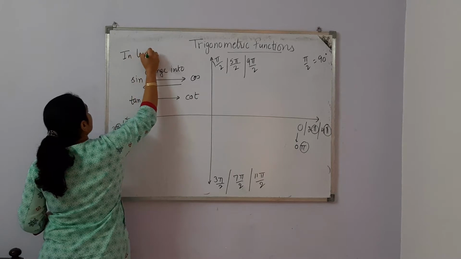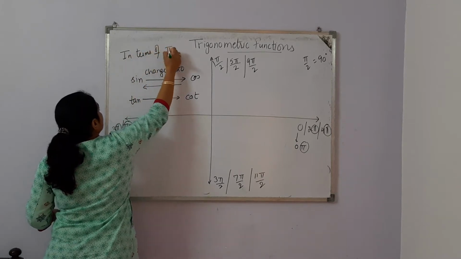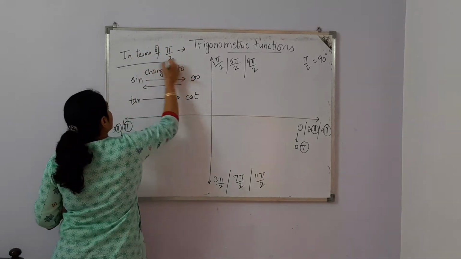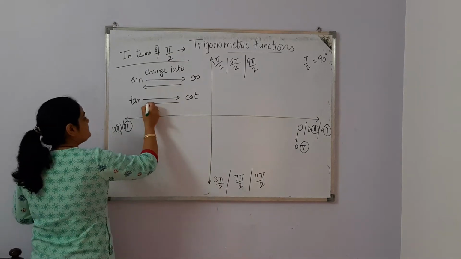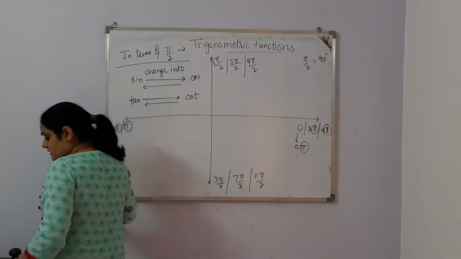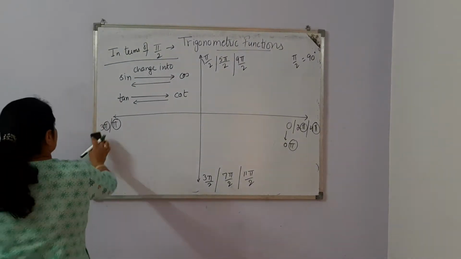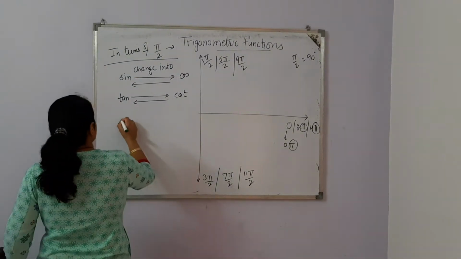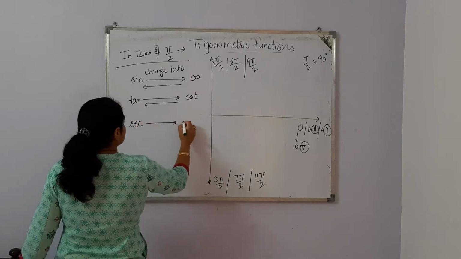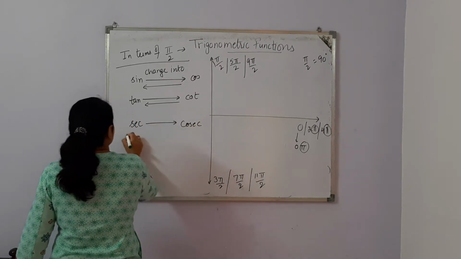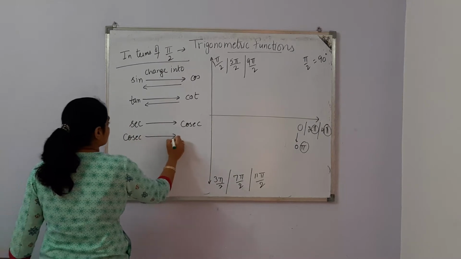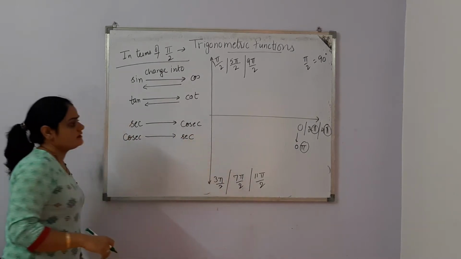This is in terms of pi by 2, and cot will change into tan. Similarly, secant will change into cosecant, and cosecant will change into secant.